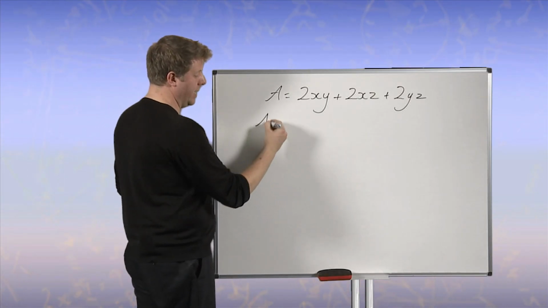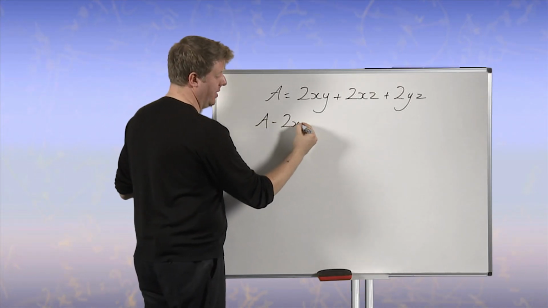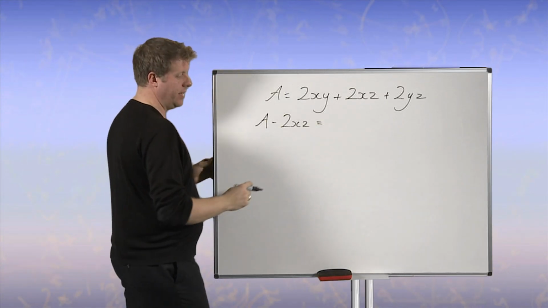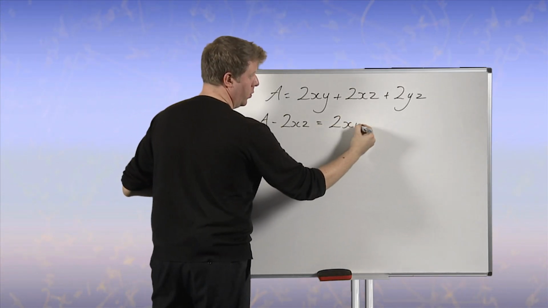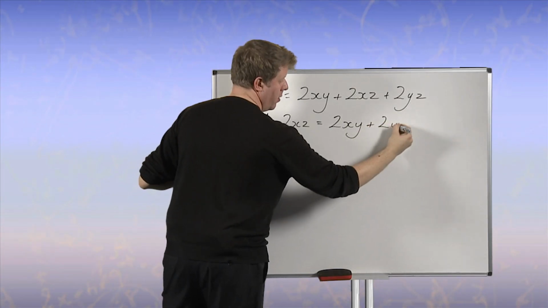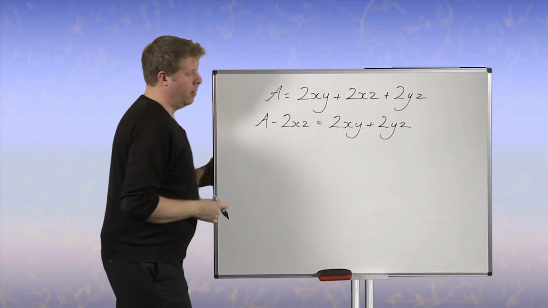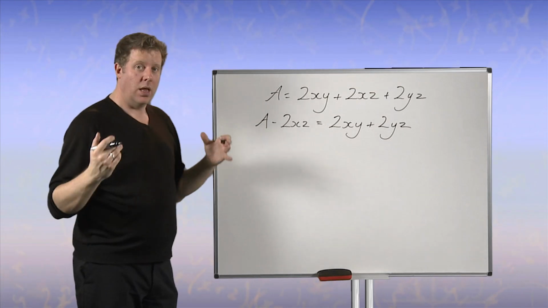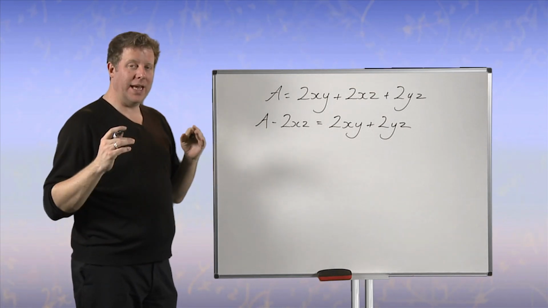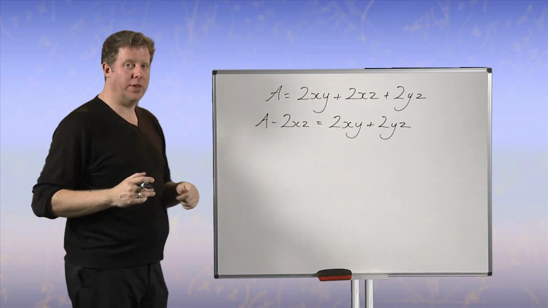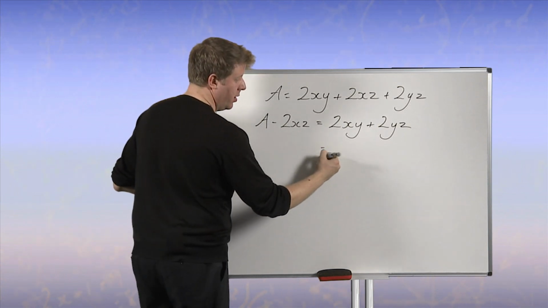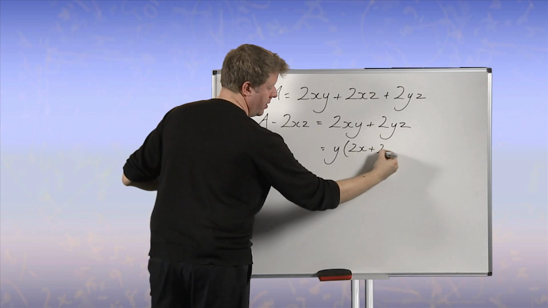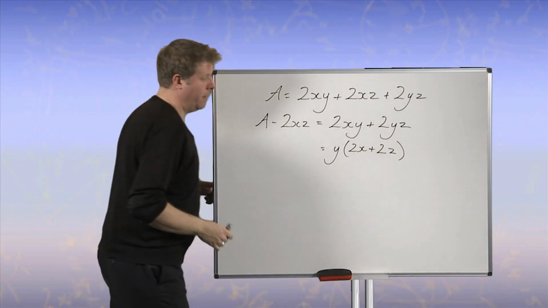So subtracting 2xz from both sides will give me A minus 2xz equals 2xy plus 2yz. Now, exactly as we did before, take y out as a factor on that right-hand side. That will give us y lots of 2x plus 2z.